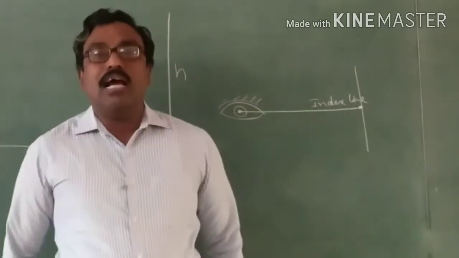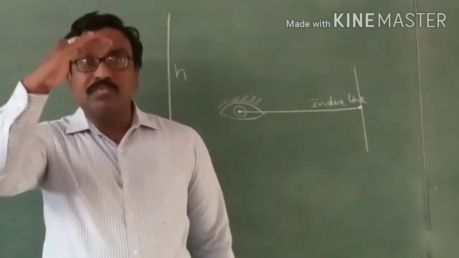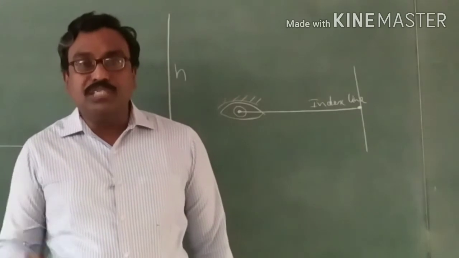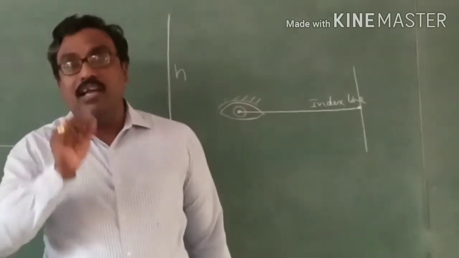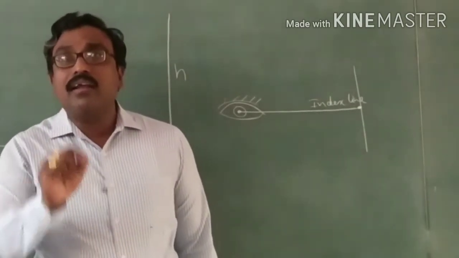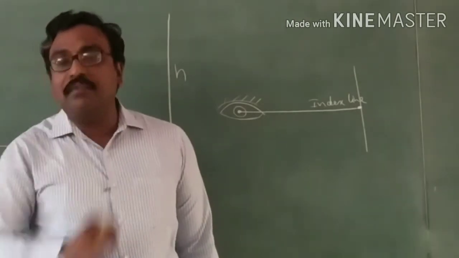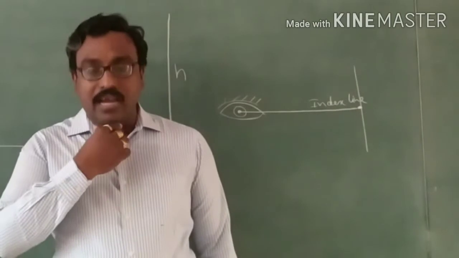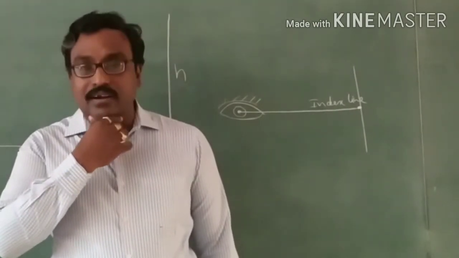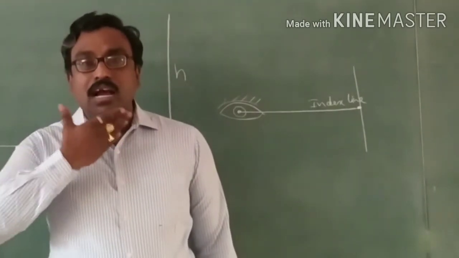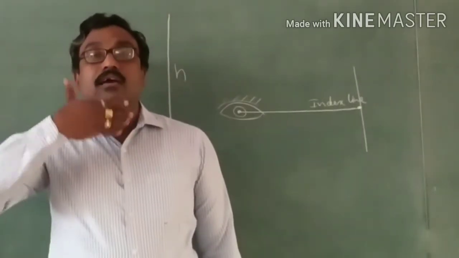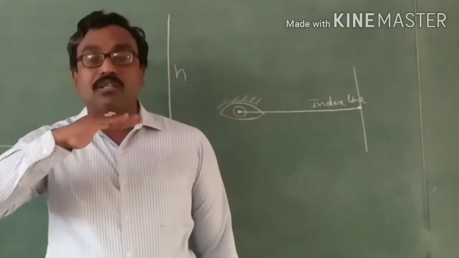For example, I am standing and observing a point. If I want to observe a light on the ceiling without lifting my head, what is the condition? I should not lift my head. My chin should be parallel to the ground.